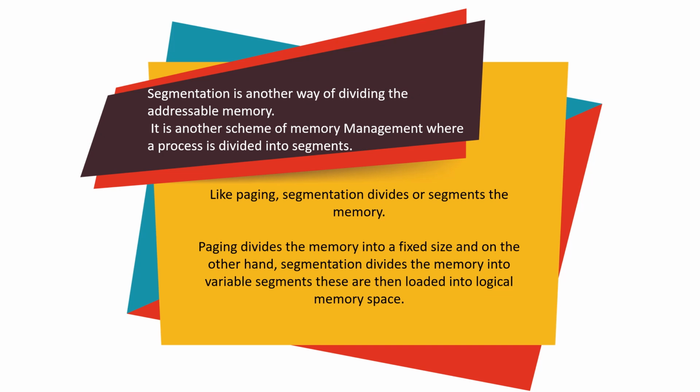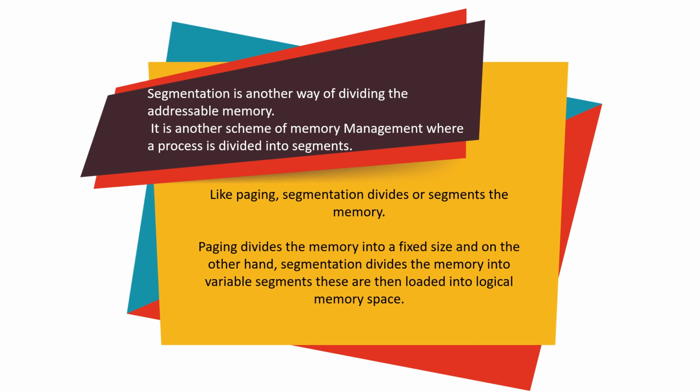Like paging, segmentation divides the memory, but there is a difference: paging divides the memory into fixed sizes, whereas segmentation divides the memory into variable segments, and these are then loaded into the logical memory space.